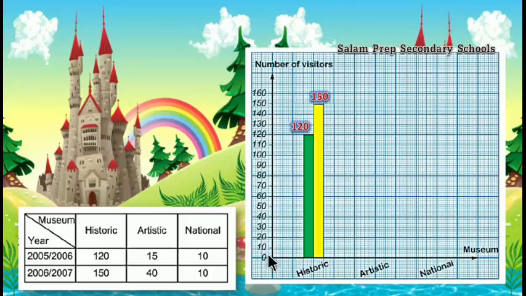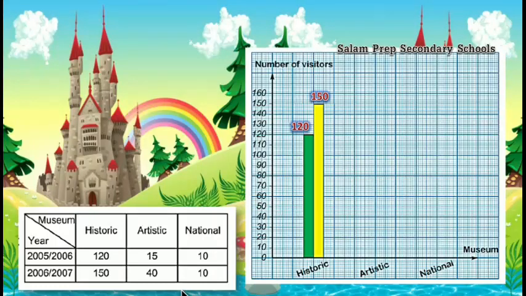Okay, 0, 10, 20. After 20, 30, put 30 at the half of the square. 40, 50, 60, put 50 at the half of the square. After 60, 70, 80, put 70 at the half of the square, and so on.